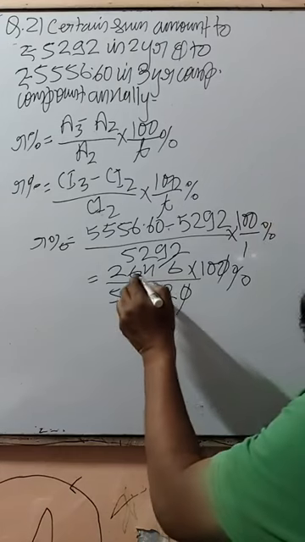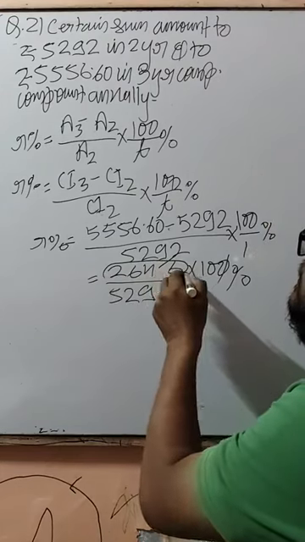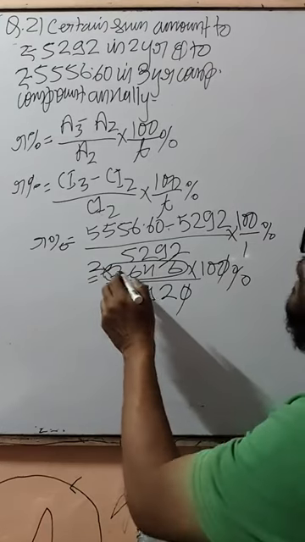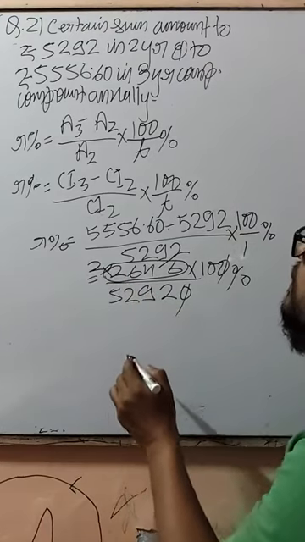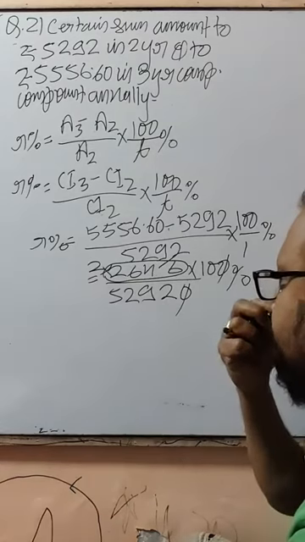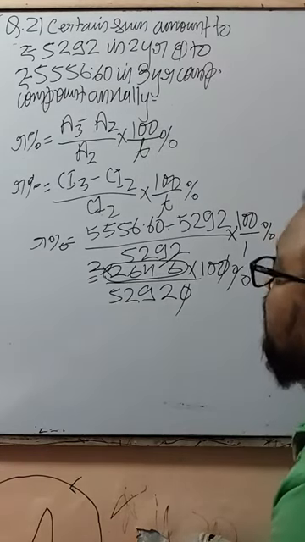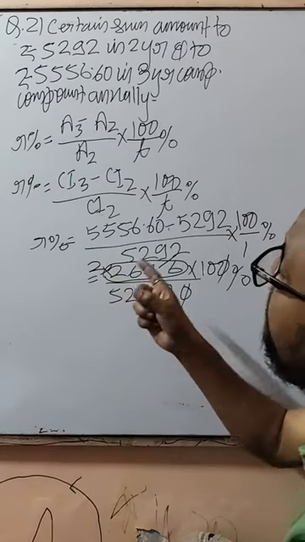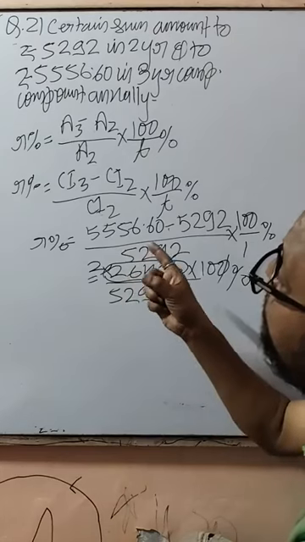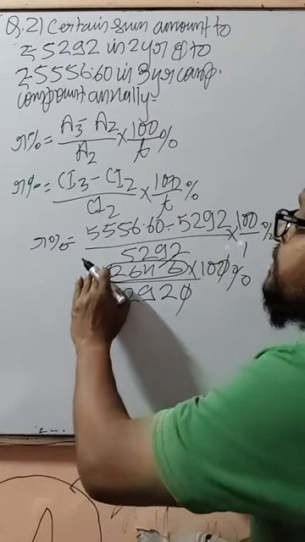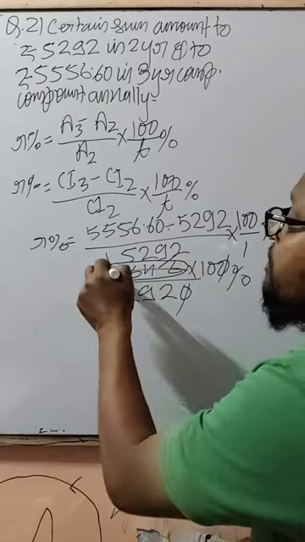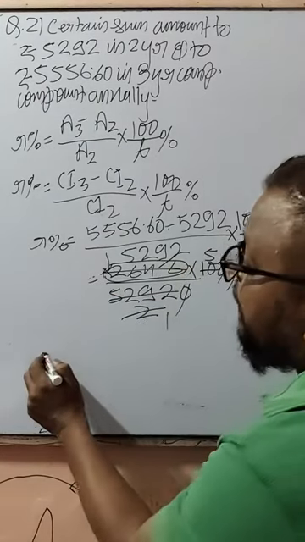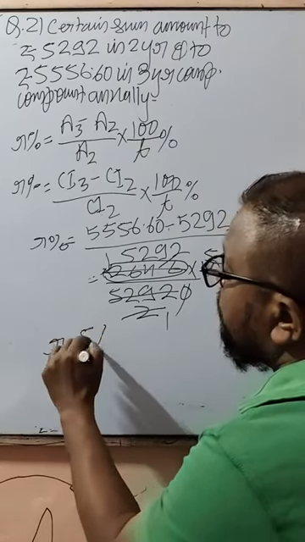And when you multiply 264.6 by 2, 2 times 6 becomes 12, 2 times 4 becomes 8 plus 1 is 9, 2 times 6 becomes 12, 2 times 2 becomes 4 plus 1 is 5. So the rate of interest is equal to 5%.